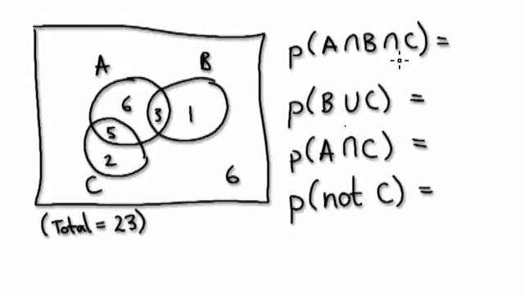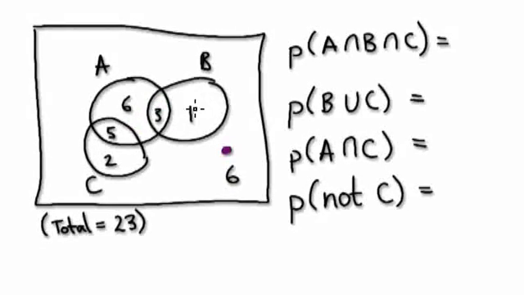Okay, so A and B and C here. You've got to find somewhere where, let's say you're here. Well, you're in A here, but you're not in B and you're not in C. So this is a bad outcome. Let's say you're here. Well, you're in A and also in B, but you're not in C. You want somewhere where it's A and B and C. Let's say you're out here.